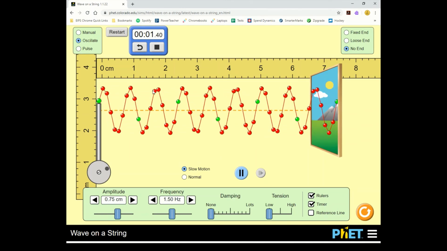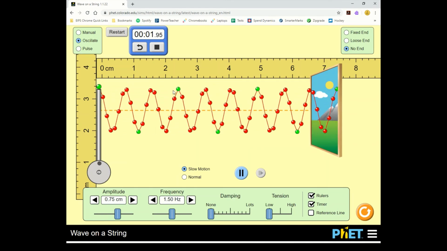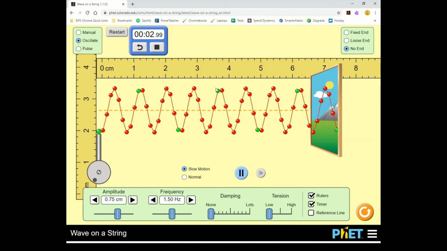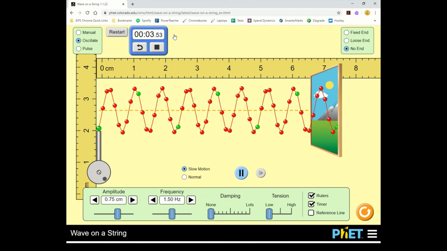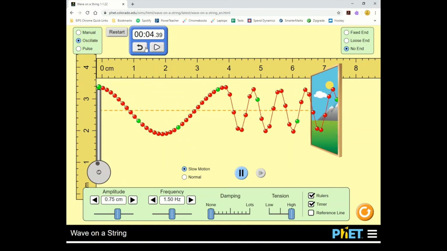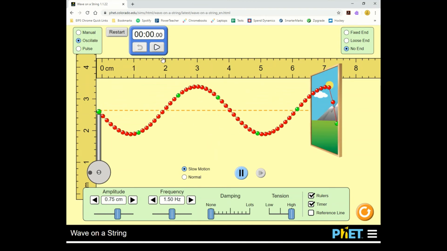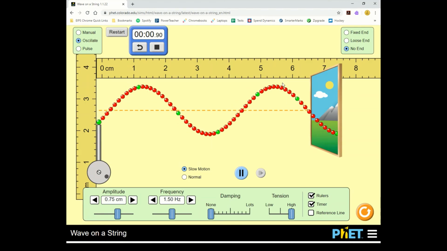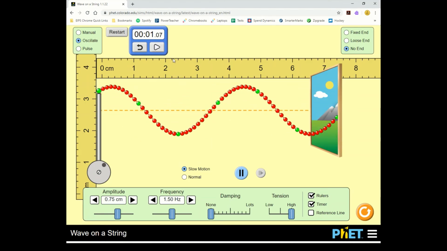We're already at a second now. Yeah, so it takes longer than a second here, right? And then when we have high tension, so we're going to increase our tension, and then time it up there. Oh, that's what we were at before. So that was our second one.